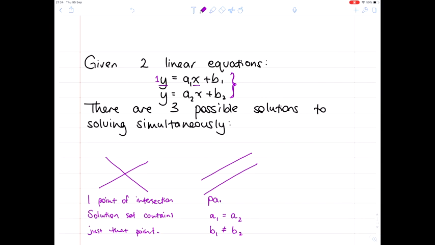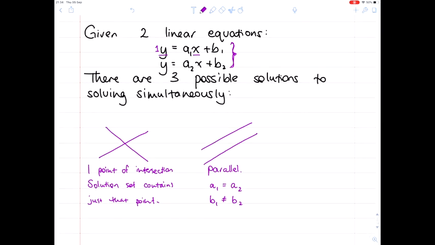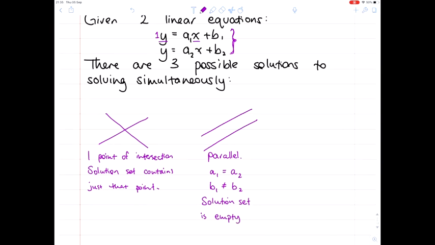So this is two lines that are parallel. And in this case, our solution set is empty. There are no points which both lines go through. So we have no solution.